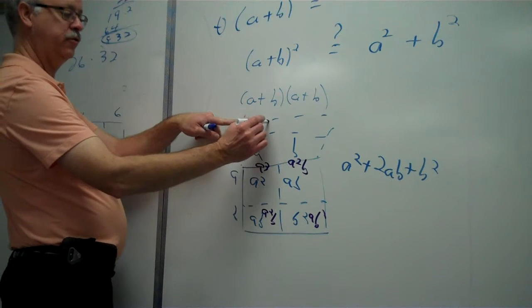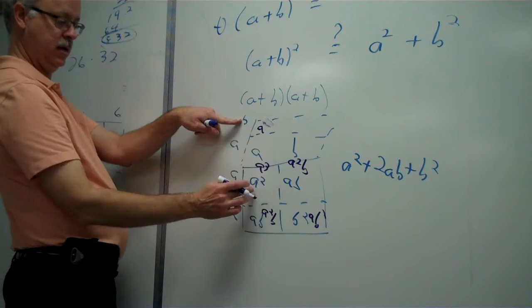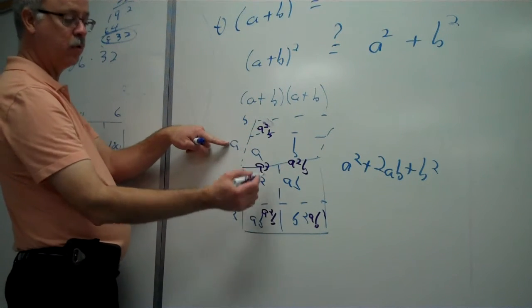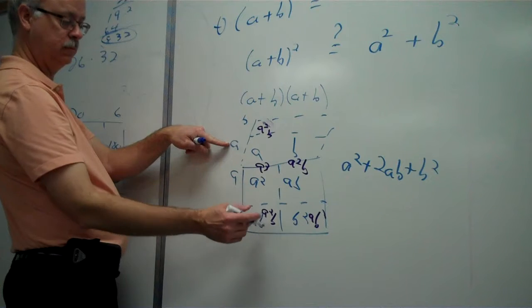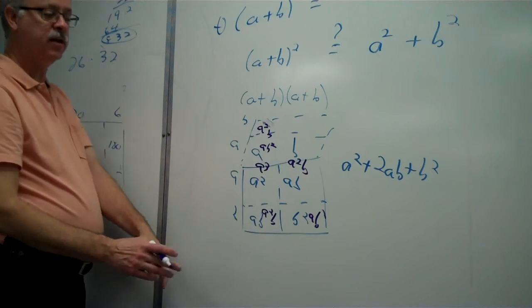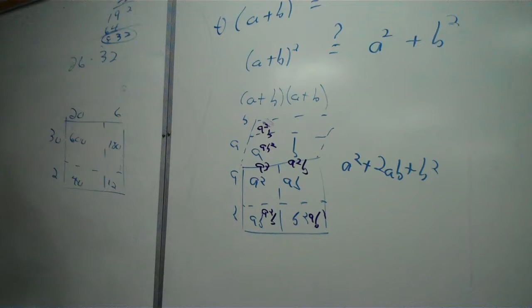So A squared B. It gets hard even to write it in here. AB squared. So I think the answer is yes, it would work, but I don't think it's a helpful visual in that case, trying to figure out where to put those 8 cubes.